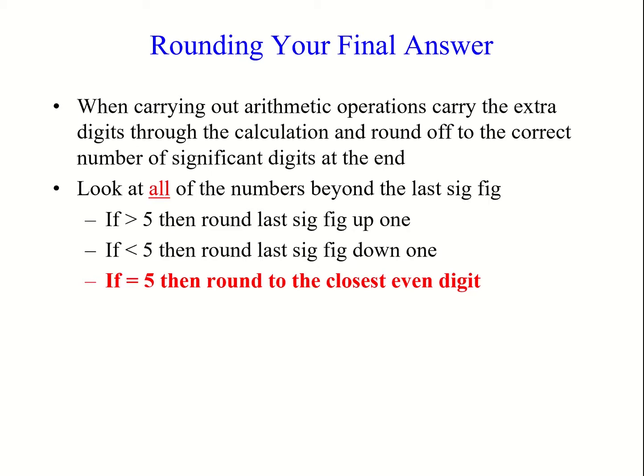Look at all of the numbers beyond the last significant figure. If the number is more than 5, then we round up: round the last significant figure up by 1. If the number is less than 5, then round down: the last significant figure stays the same. If it's exactly 5, then round to the closest even digit.